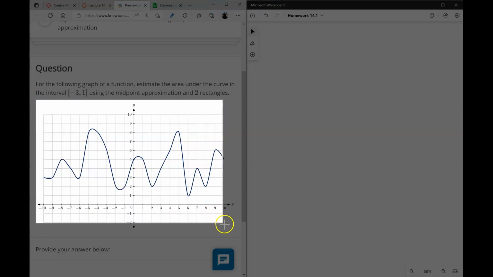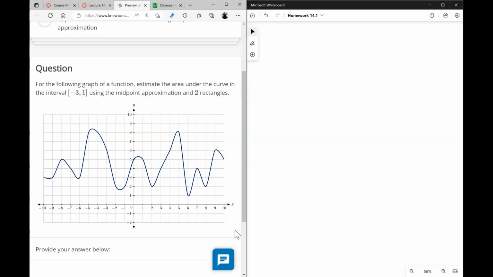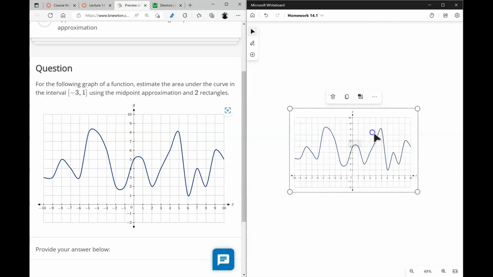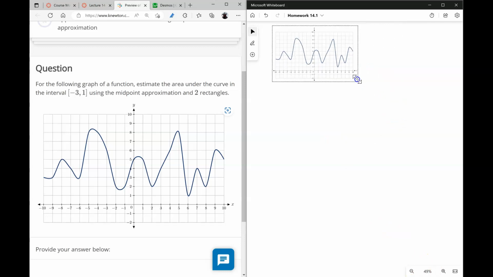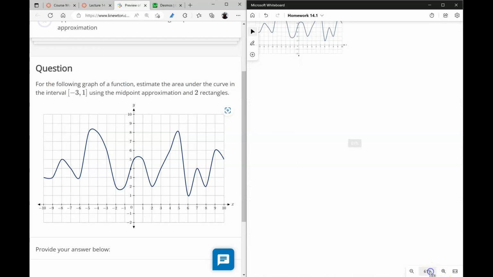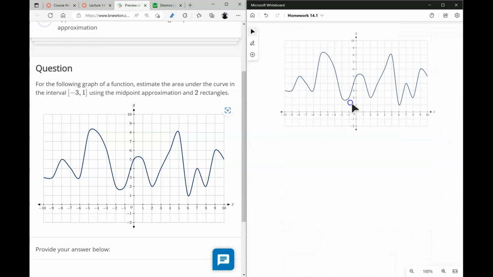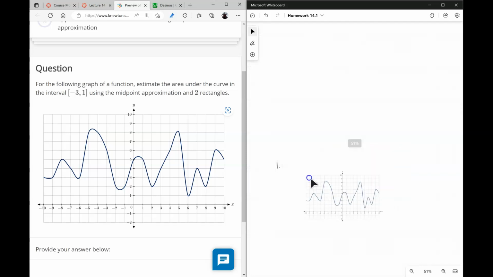Let me go ahead and take a snapshot of this graph, and I'm going to bring in the picture so we can analyze it.